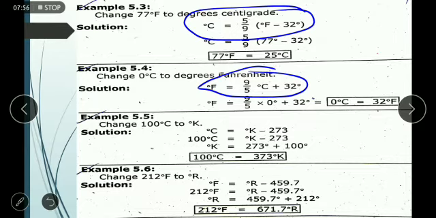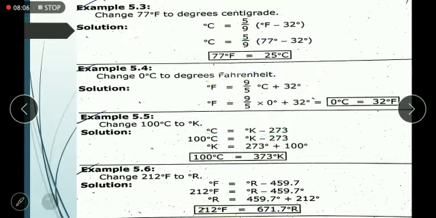The third example is to change 100 degrees Celsius to degrees Kelvin. We use this formula: degree Celsius is equal to degree Kelvin minus 273. After putting in values, 100 degrees Celsius is equal to degree Kelvin minus 273. The final answer is 100 degrees Celsius is equal to 373 degrees Kelvin. The last example is to change 212 degrees Fahrenheit to Rankine, that is degree R. Degree Fahrenheit is equal to degree R minus 459.7.